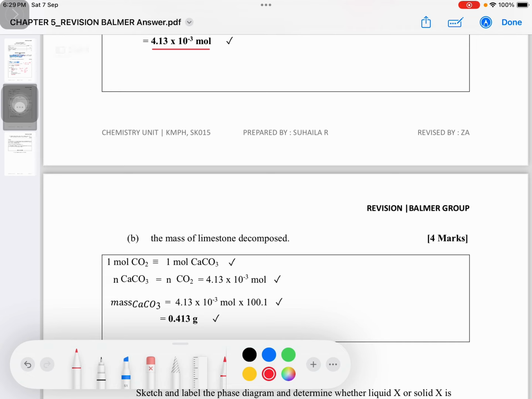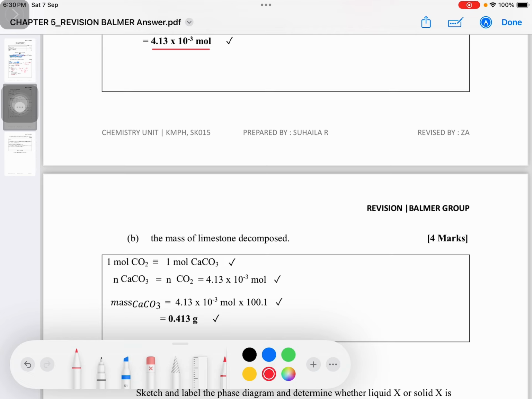Now, the mass of limestone decomposed. Calculate the mass of limestone decomposed. From the balanced equation, 1 mole of carbon dioxide is produced from 1 mole of calcium carbonate. The number of moles of carbon dioxide is 4.13 times 10 to the negative 3, which we got from part A. So the number of moles of calcium carbonate is 4.13 times 10 to the negative 3 mole.